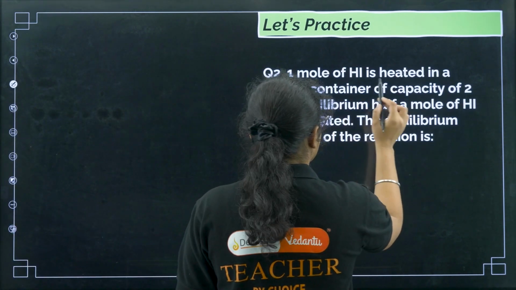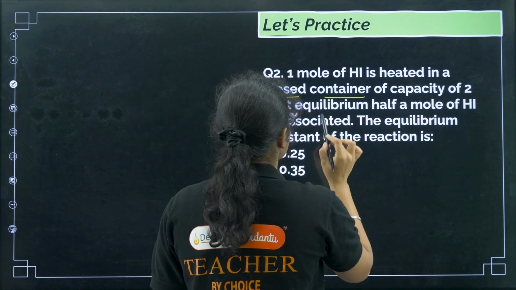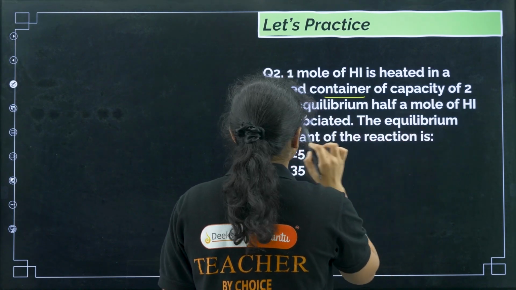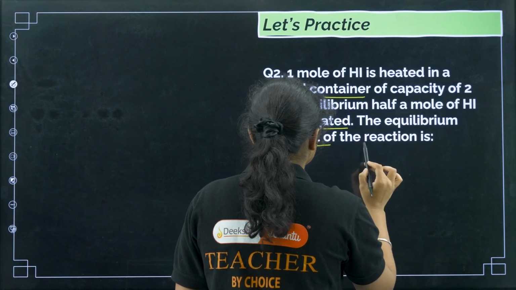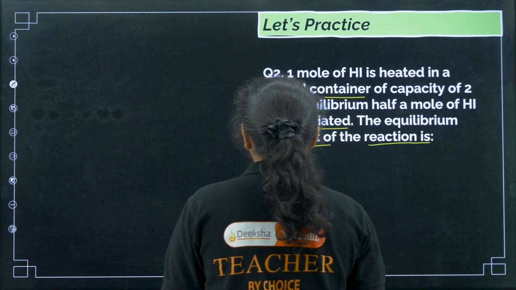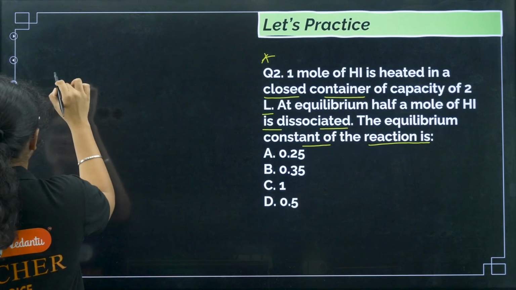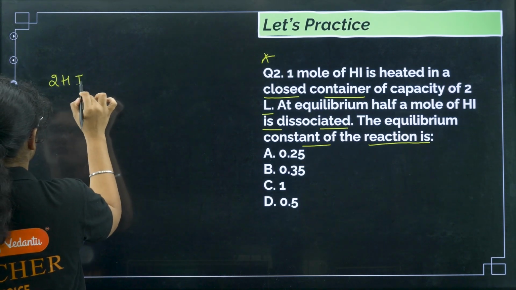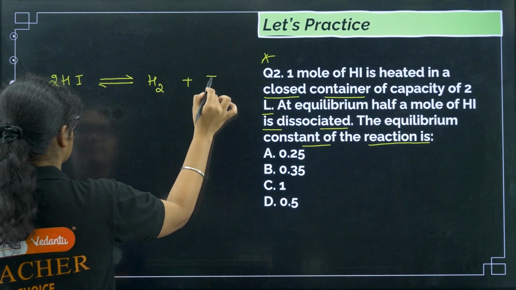1 mole of HI is heated in a closed container of capacity 2 liter. At equilibrium, half a mole of HI is dissociated. The equilibrium constant of the reaction is? This is also a very important and good question. First of all, if you write the decomposition of HI, it is like this: 2HI giving H2 plus I2.